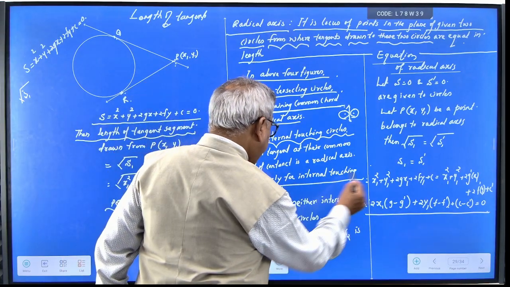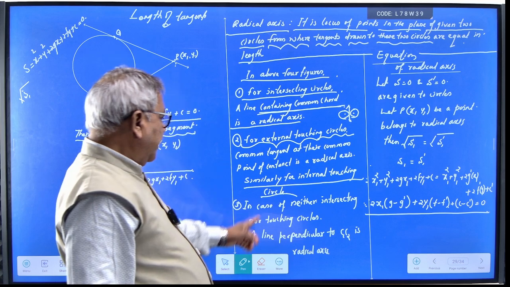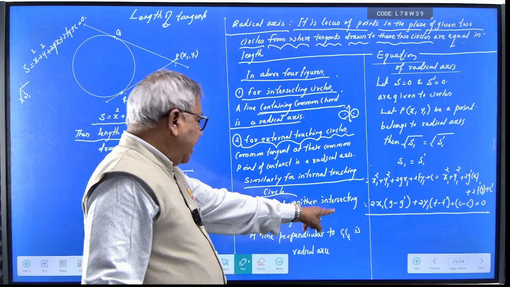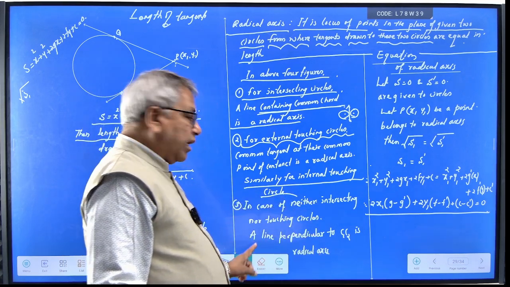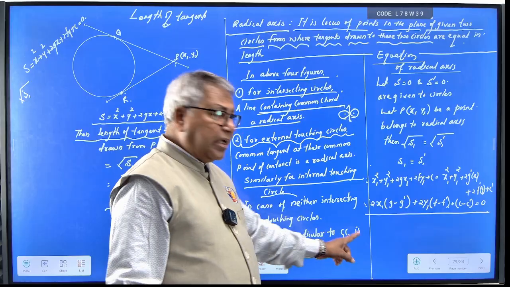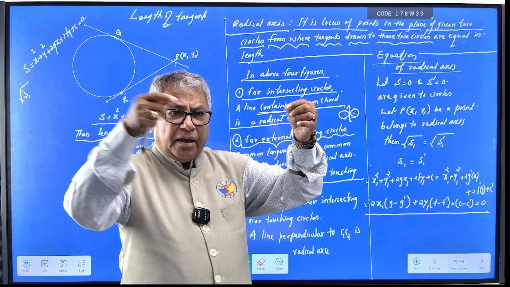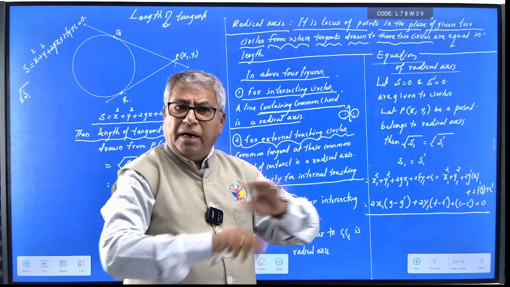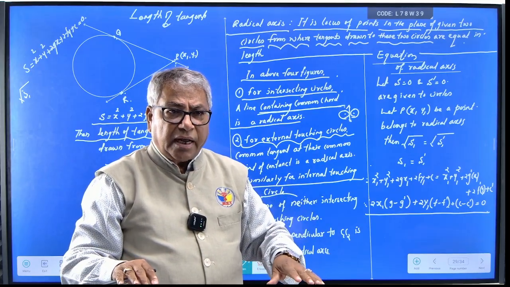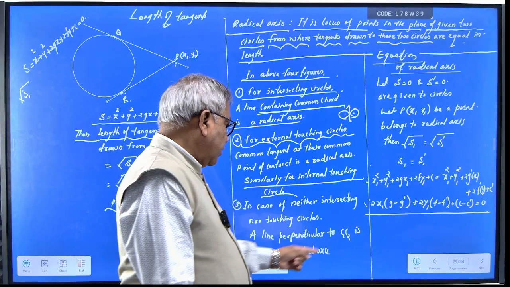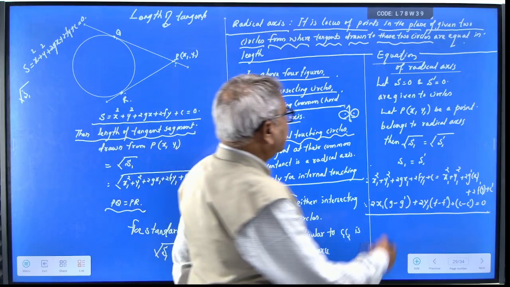Similarly for internally touching circles. In the case of circles neither intersecting nor touching, a line perpendicular to C1C2, the segment joining the centers, and which is neither a tangent nor a secant, is the radical axis.